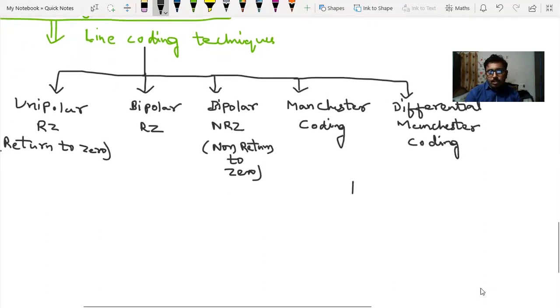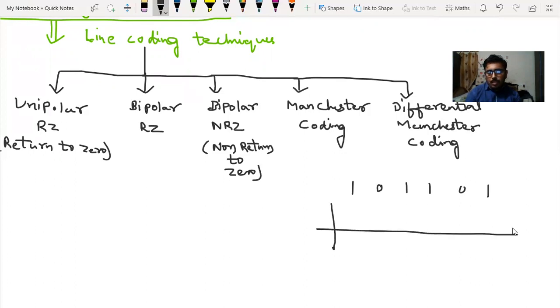Suppose if this is a data, let us take that. Suppose I'm having 101101, this is some binary data. If you want to represent it in terms of a line coding, so if you want to take only unipolar, that is only one direction, then return to zero process, then we will take the positive value, that is a positive V. So whenever the bit value is one, it is at the maximum voltage, and whenever the bit value is zero, then it is at the zero level.